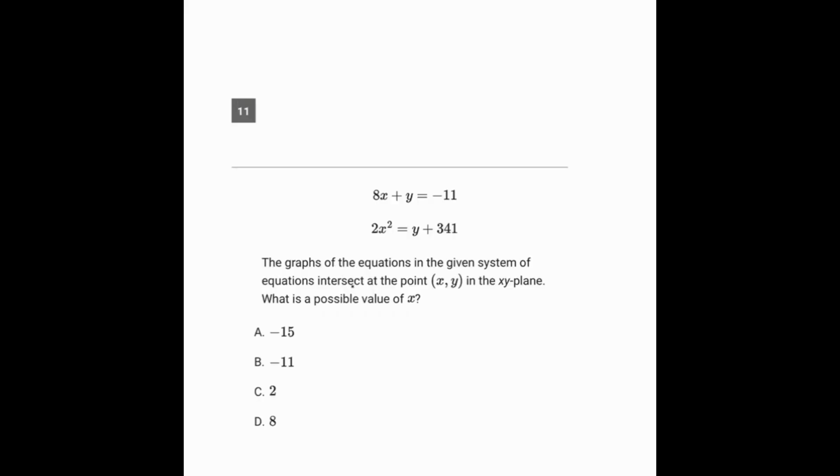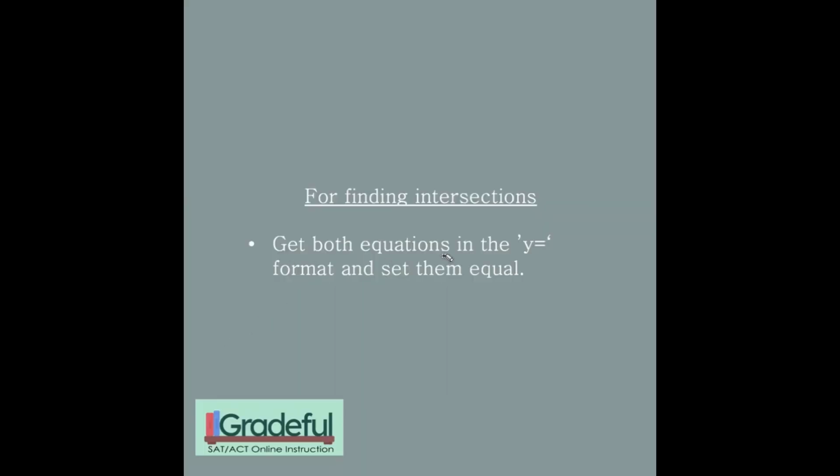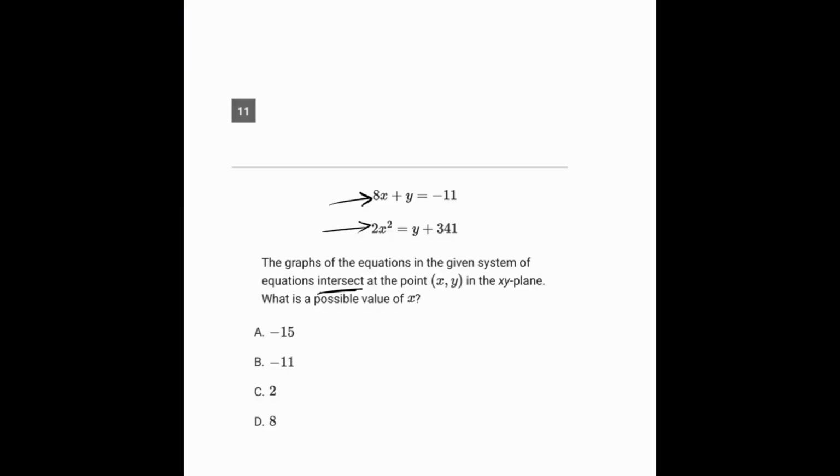Going on to question number 11 now. Here, we're being asked for the intersection of these two functions. And for intersections, you want to get both equations in the y equals format and set them equal. So for us, we can take away 8x from both sides here, and we would have y equals negative 8x minus 11.